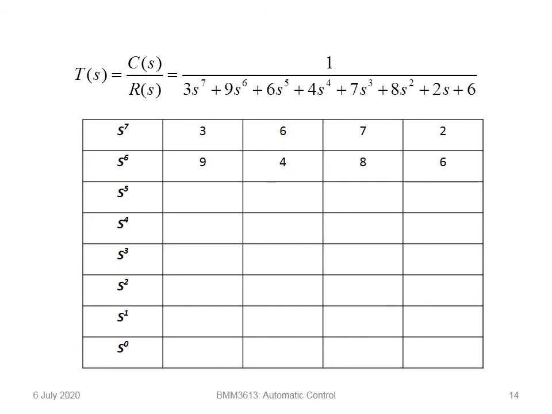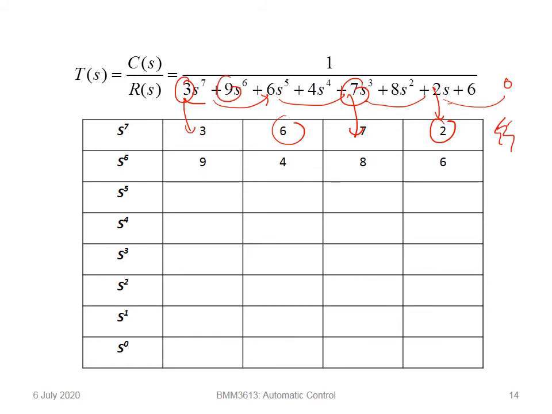So for this polynomial of order 7, the 3 goes into the first column, first row, and then you skip 1, so you got 6, and then you skip 1, you got 7 over here, and skip 1, you got 2 over here, and if you skip another one, it's 0, so you don't build the table at the point where it is 0.